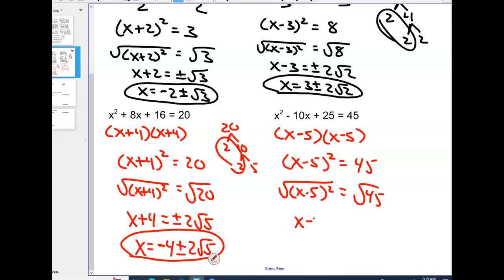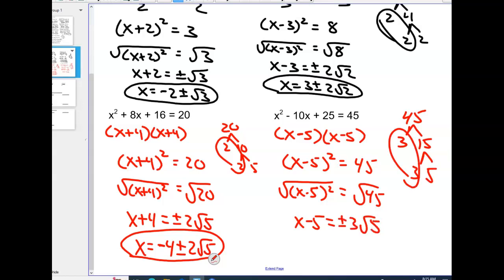So this becomes x minus 5, and the 45 over here, 3 and 15, 3 and 5. And I would suggest simplifying it off to the side. Equals plus or minus 3 root 5. And then I finish it by adding 5. 5 plus or minus 3 root 5.